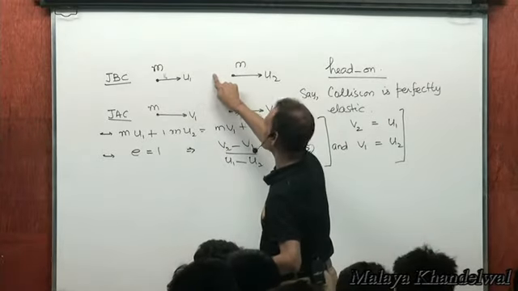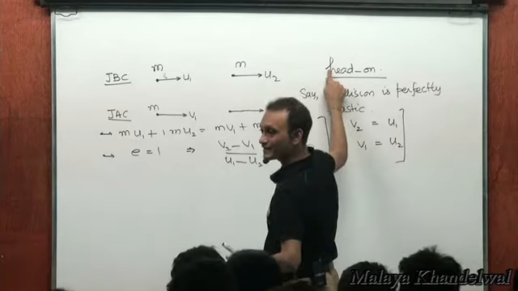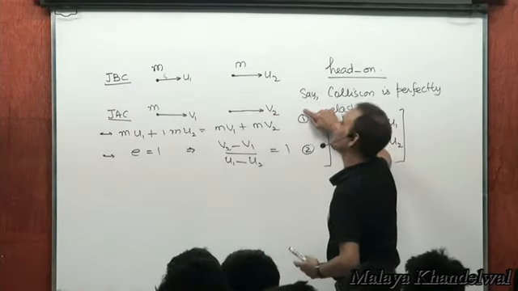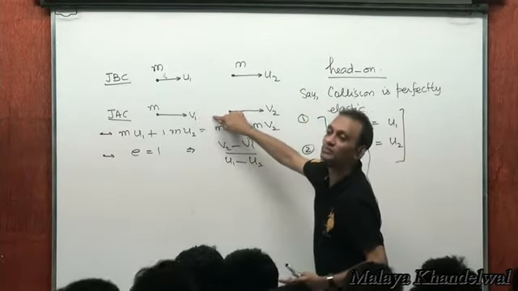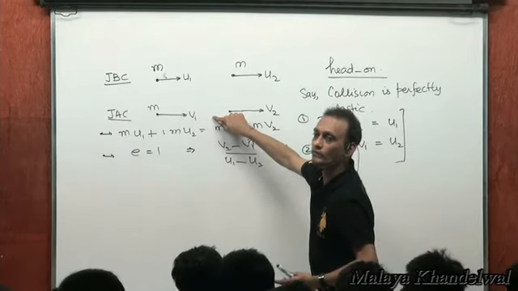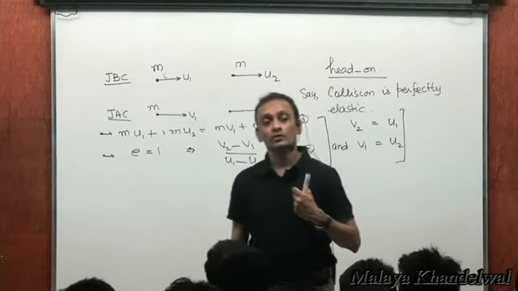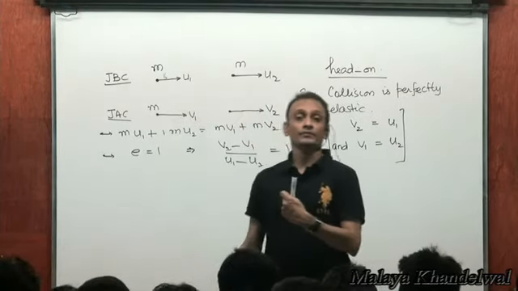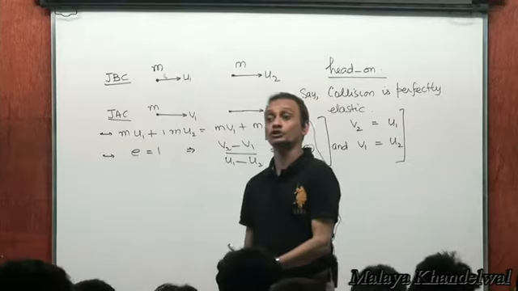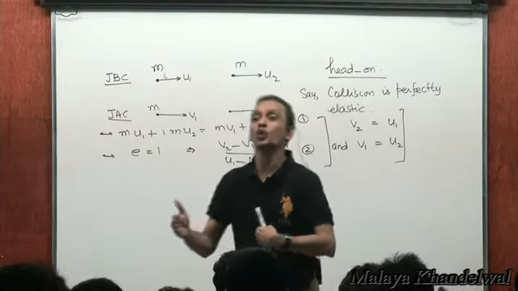Suppose this was 5 meters per second and this was 3 meters per second. After collision, this will be 5 meters per second and this will be 3 meters per second. So if two identical particles collide head on, in the normal direction, in a state of perfectly elastic collision, their velocities get swapped.